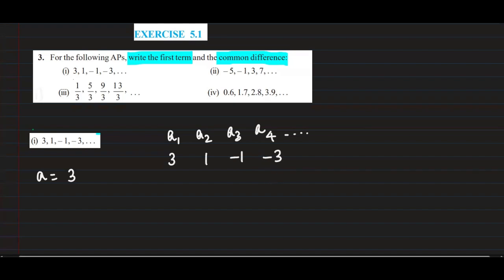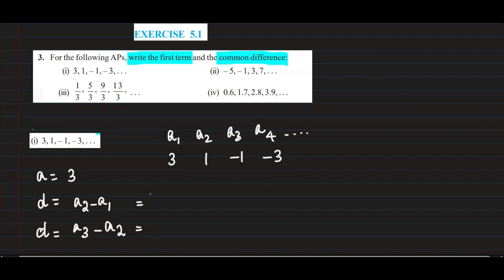How to find D? D, which is called the common difference, is A2 minus A1. Just for learning purpose, I'm going to take the next consecutive numbers also, or it can be A3 minus A2, or it can be A4 minus A3 also. The D value will remain the same since the given question forms an AP.